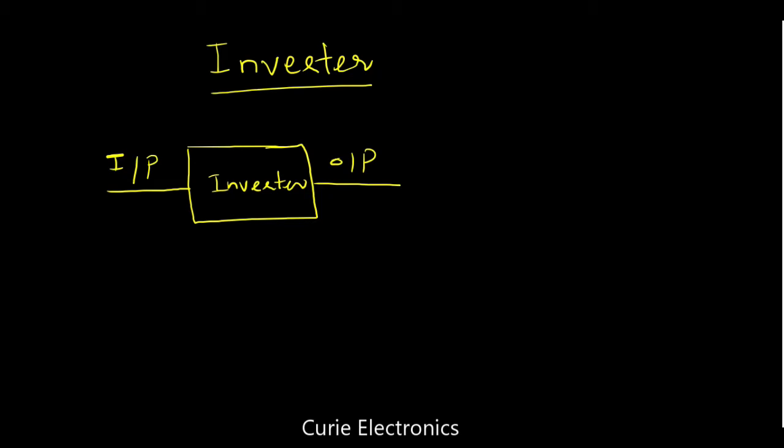If we give low, we should get high. And if we give high, we should get low. This is the function of inverter. We have to get a complemented output. That means if we give 0, we should get 1 at the output, and if we give 1, we should get 0 at the output. Now let's see how to realize it using XOR gate.